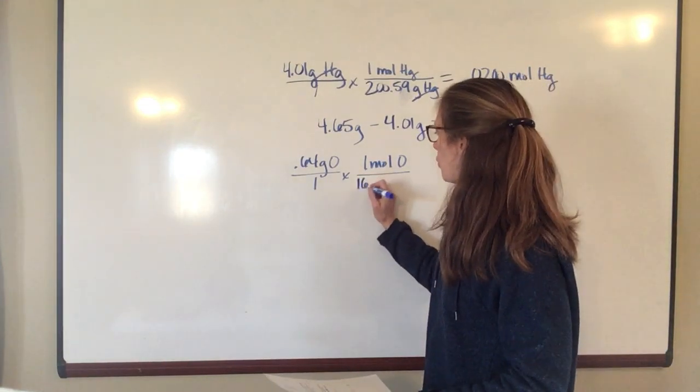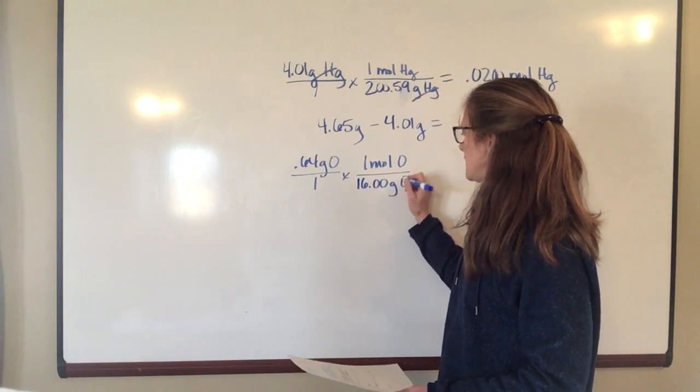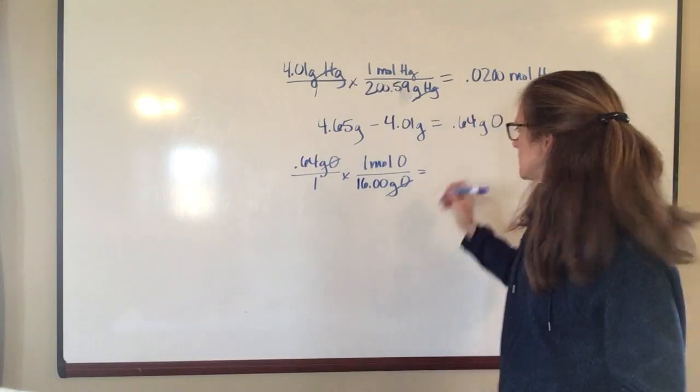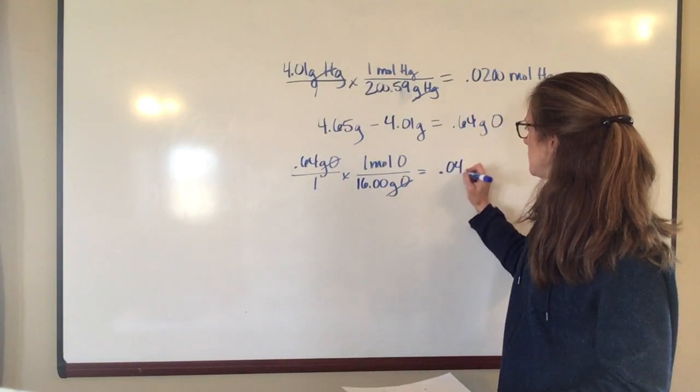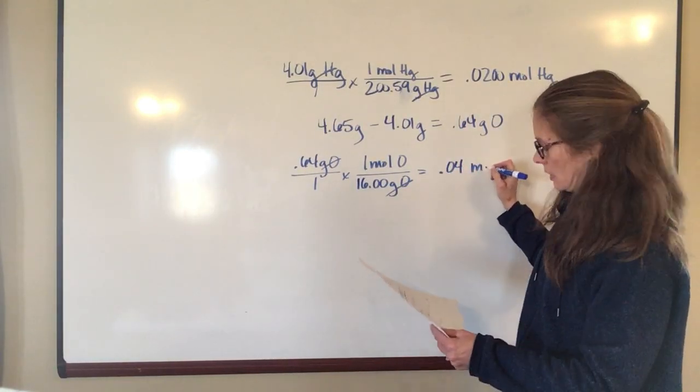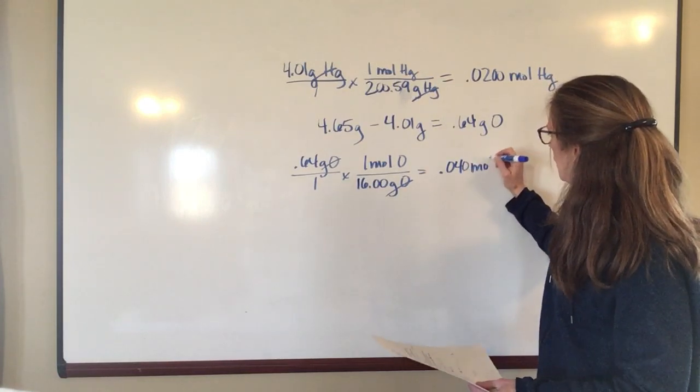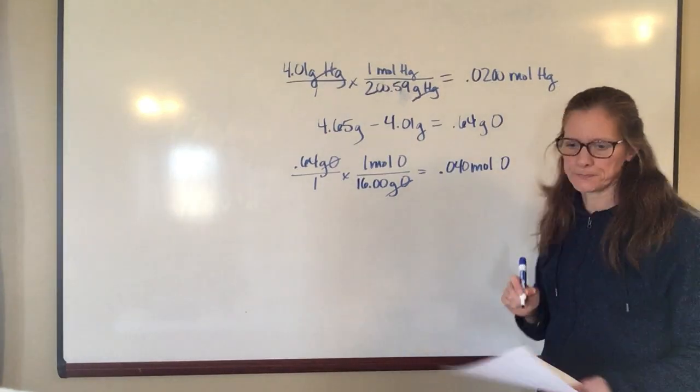Okay, so 1 mole from the periodic table is 16 grams, so grams will cancel out, and 0.64 divided by 16 is 0.04, actually one more significant figure, 0.0400 moles of oxygen.